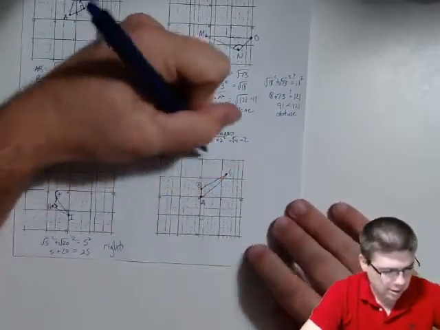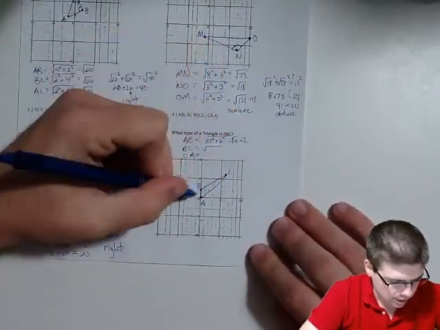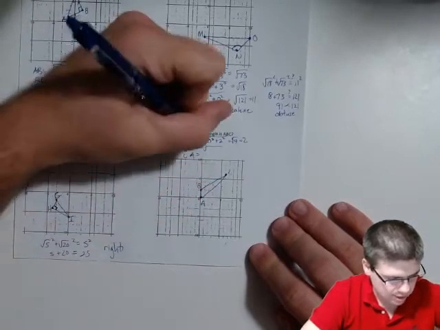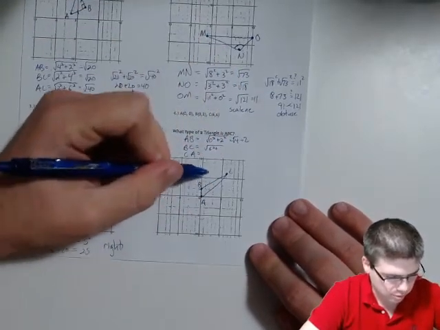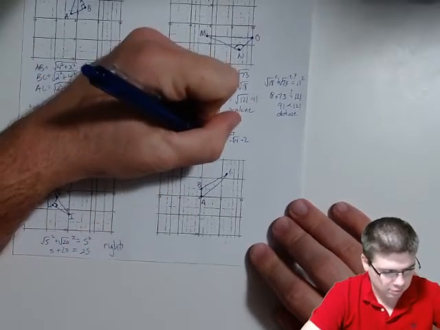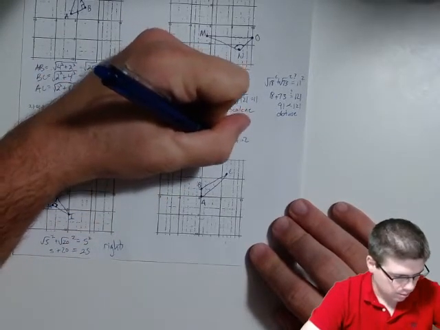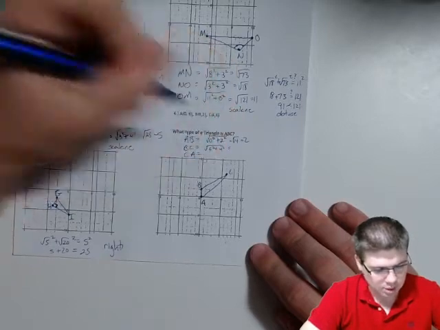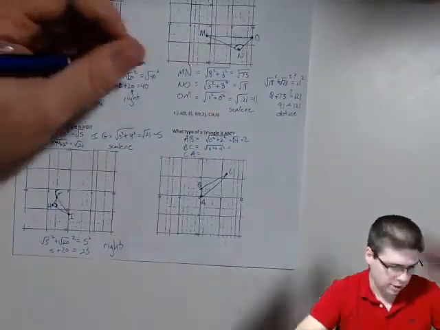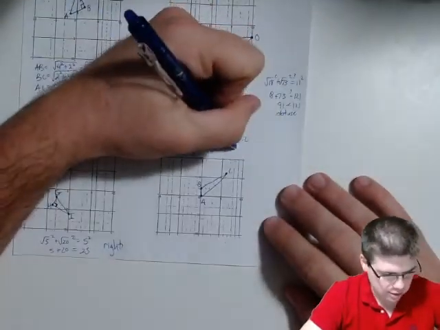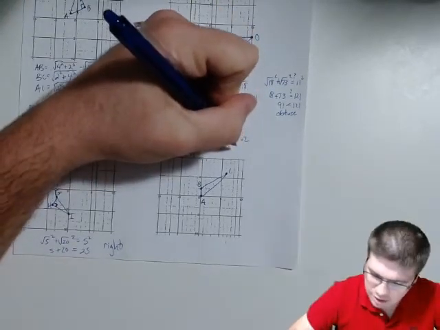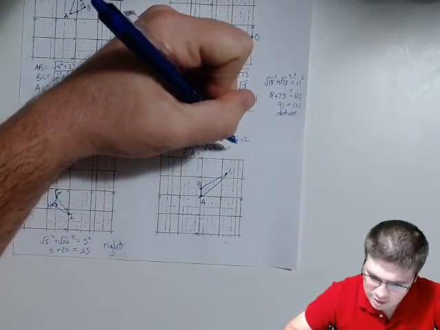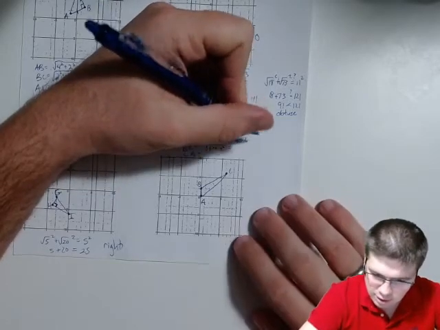B to C, our horizontal distance, we're going from 0 up to 6. So that is going to be 6 squared plus our vertical distance, from 2 up to 6. So that's going to be 4 squared. So 6 squared, 36, plus 4 squared, 16, is, what is that? 36 plus 16, getting lazy, is 52.